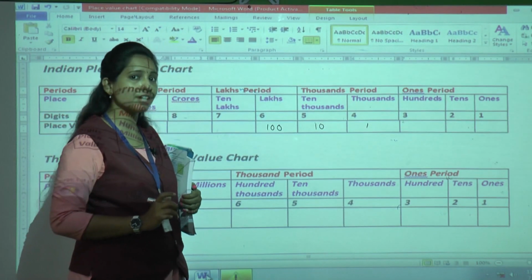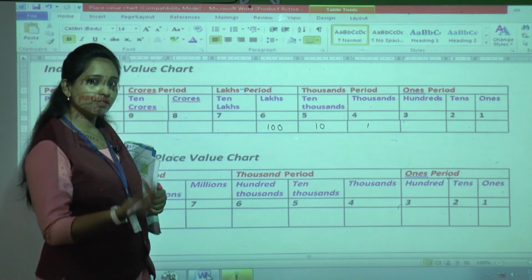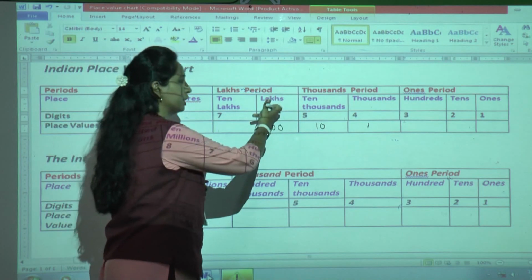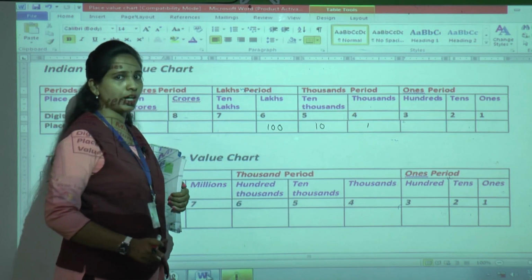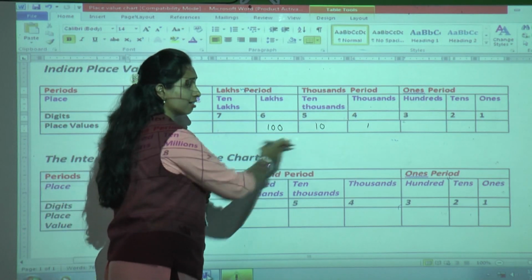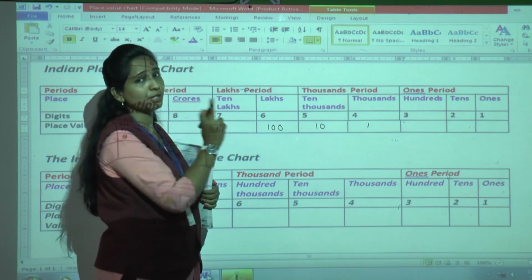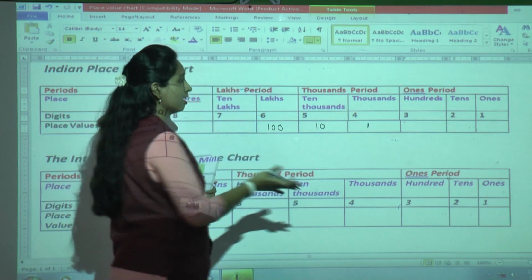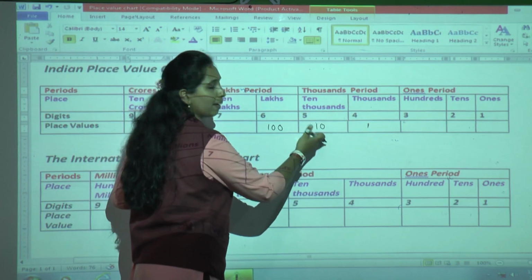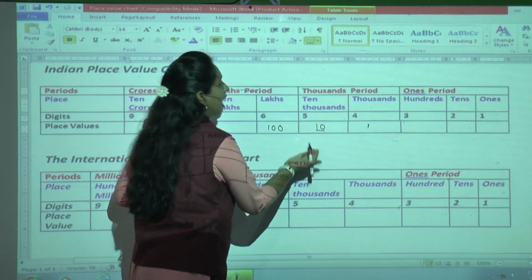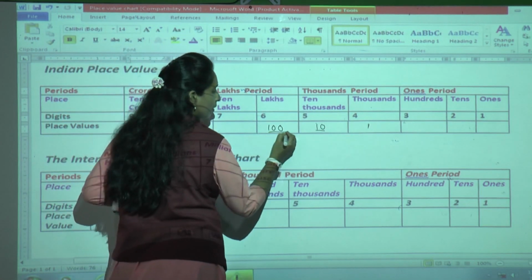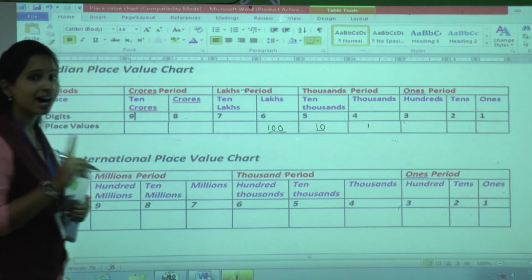Do you remember? We have learned. But what we did in Indian place value chart, we convert into lakhs. Okay, but then too I am explaining in this way. So see, the place value chart is very important. 1000 in 1000 place, when it will go to 10,000 place, it convert into 10. And again, if I want to convert in the lakhs, how many thousands I have to take? 100.